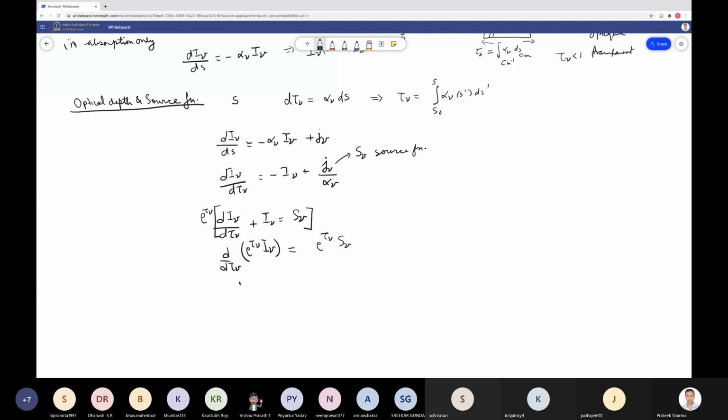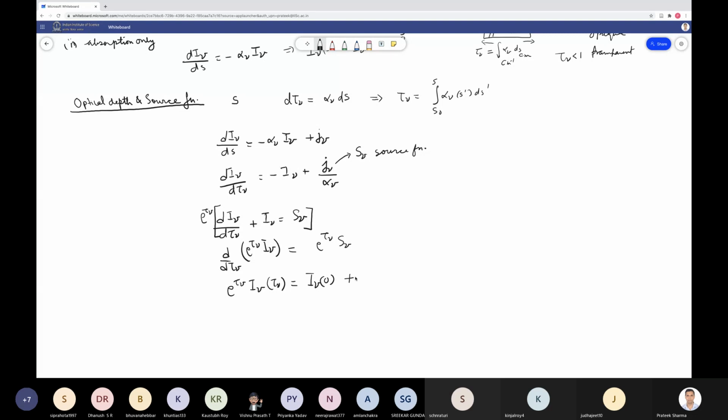Since this is a perfect differential, I take d tau nu to the right hand side and integrate, and if I integrate d of this thing, I just get these two terms.